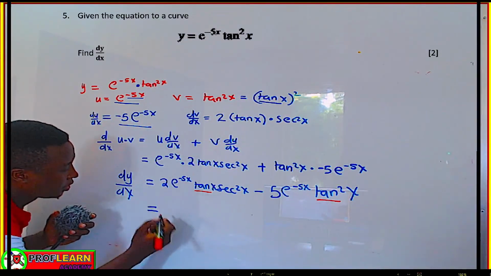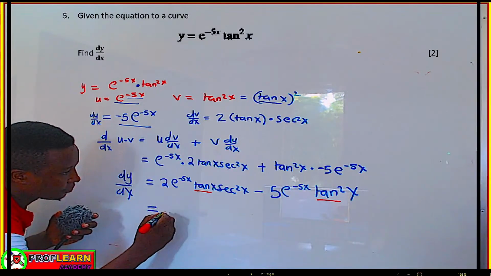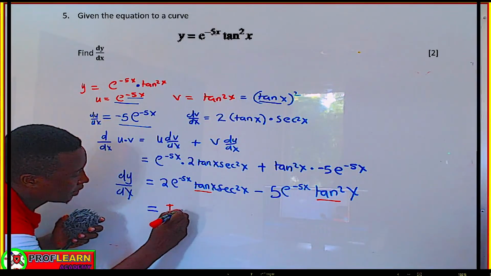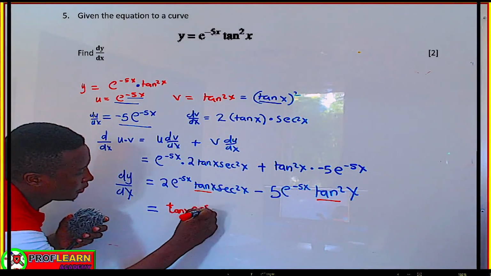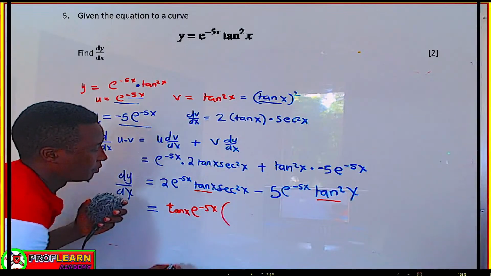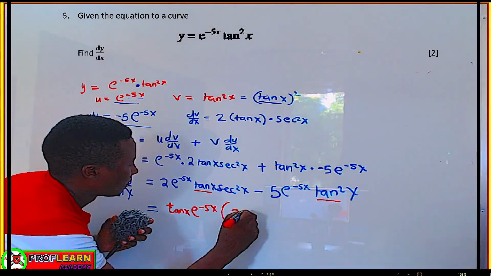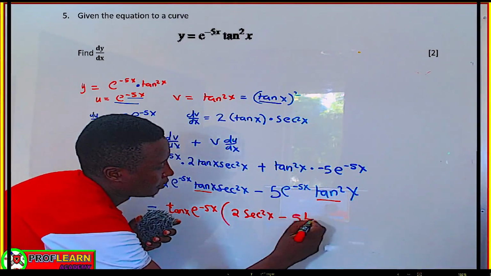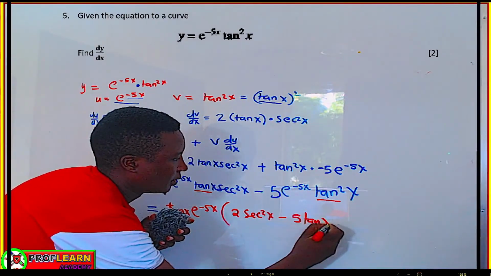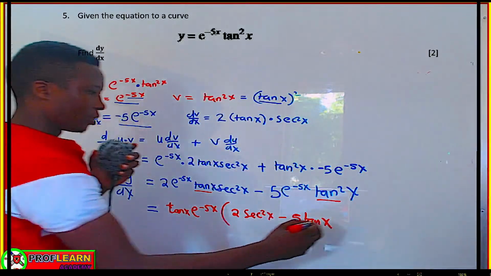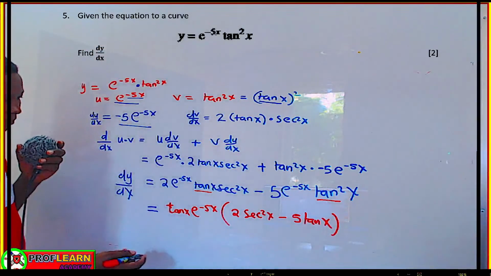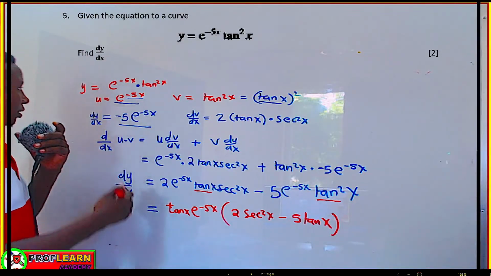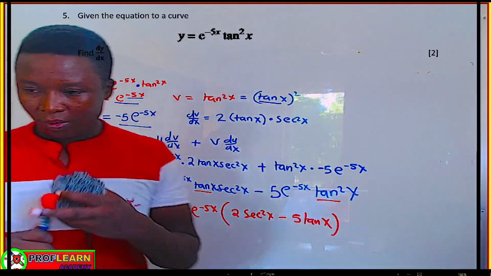We can say this can be written as tan x e to negative 5x times 2 sec squared x minus 5 tan x. Of course this step is just to try to make things cleaner, but it's not really necessary because you are not told in what form you are going to leave your answer.